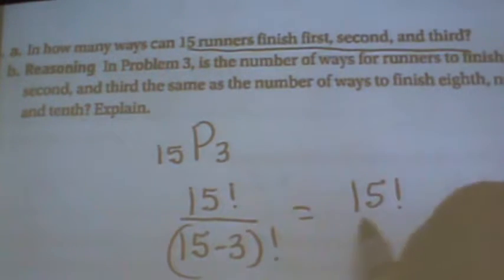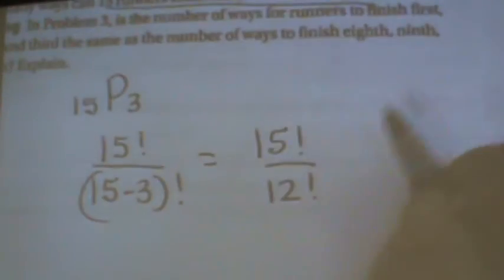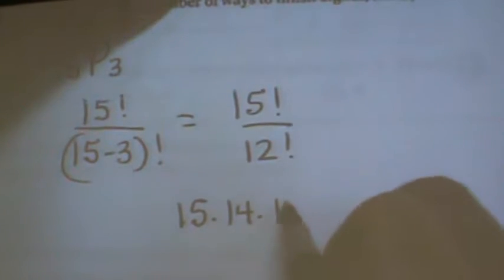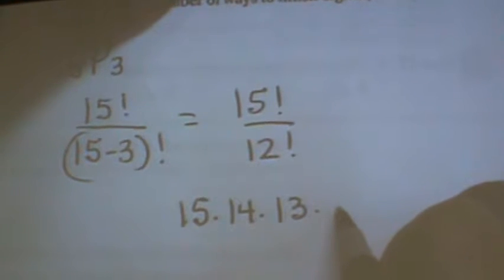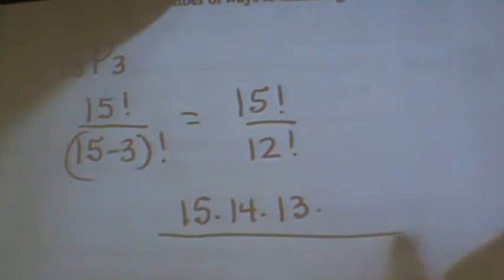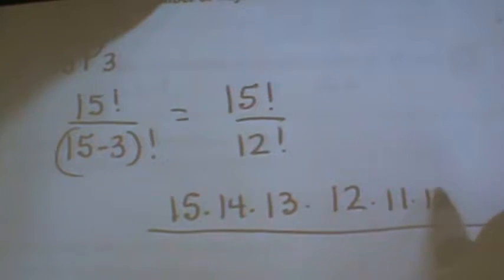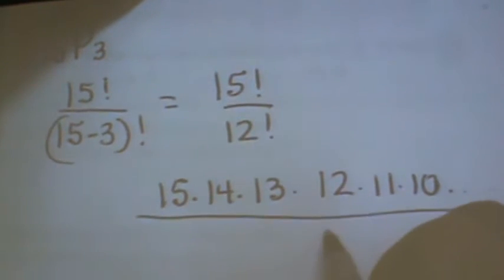So 15 factorial over 12 factorial. Now, I want you to see this. If you write it out, you've got 15 times 14 times 13 times, what's going to happen with the next set of numbers from 12 on? Cancel. And so forth. I'm not going to write them all out.